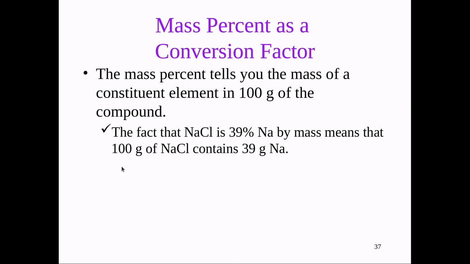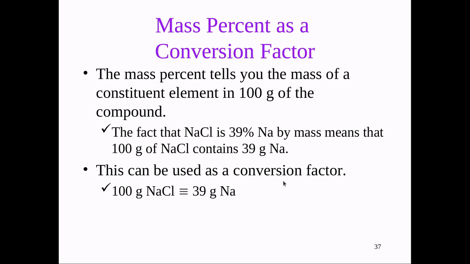So the fact that NaCl is 39% sodium by mass means that in 100 grams of sodium chloride, there are 39 grams of sodium. So anytime you see a mass percentage like 39, what I want you to think about is this fact right here: that there's 39 grams of sodium for every 100 grams of sodium chloride.